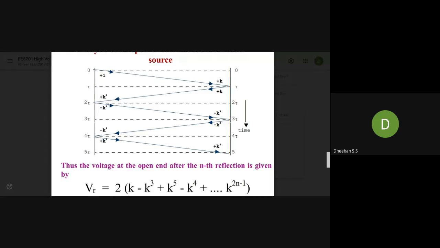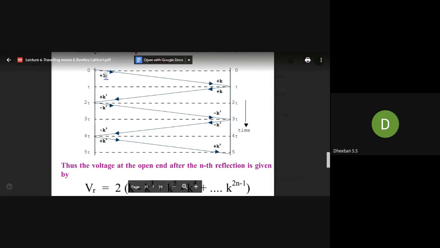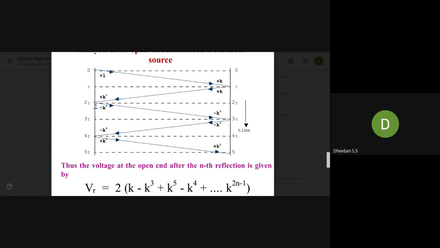During the first time it doesn't get any kind of reflection, so it gets transmitted to junction 2 and you'll get plus k. When coming to the third point, this k will go to minus k square. Why? Because in the open circuit, your voltage at the third point will be negative.